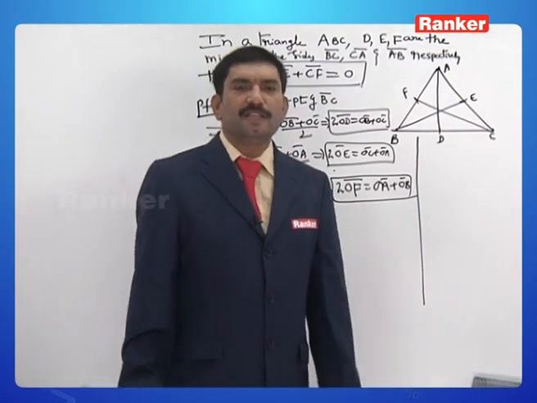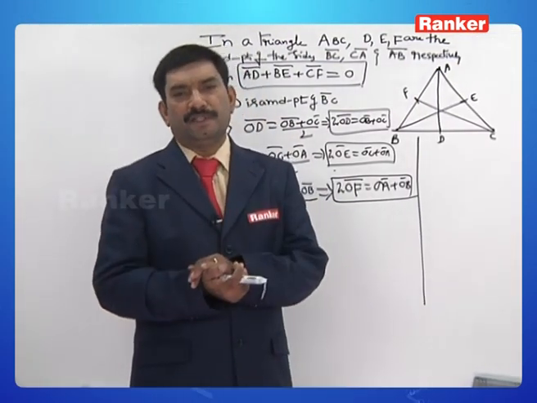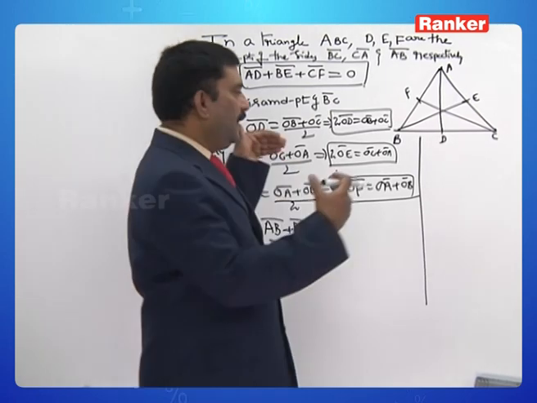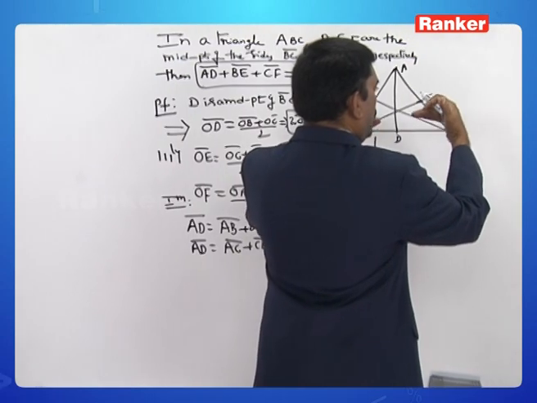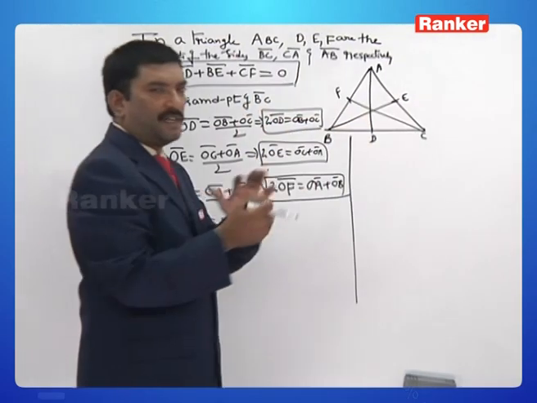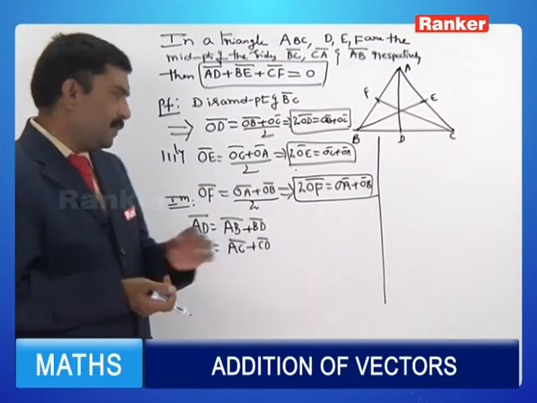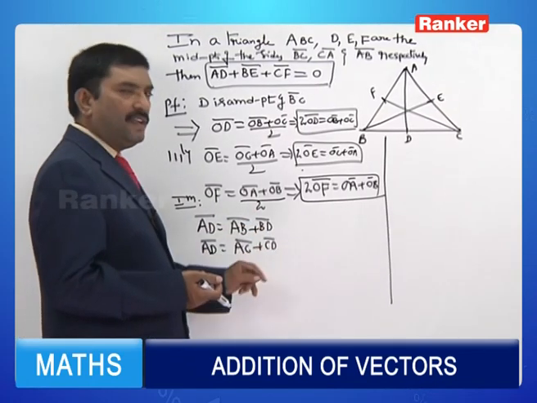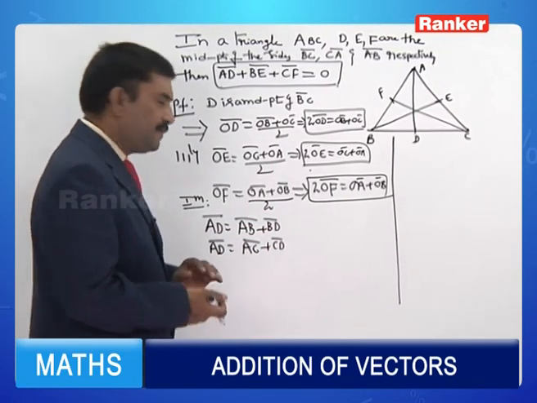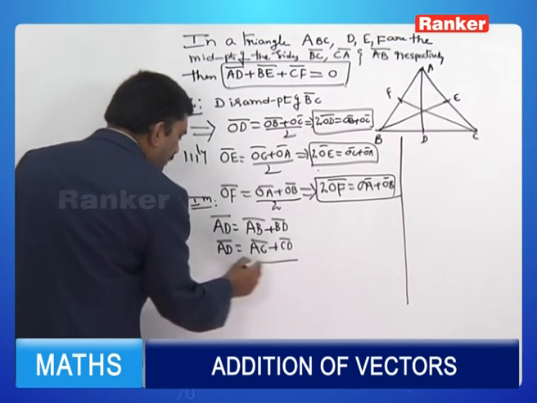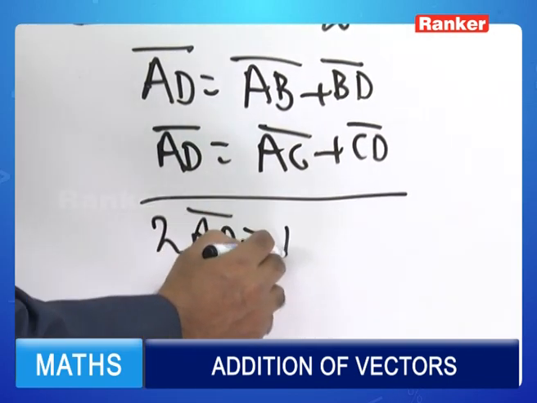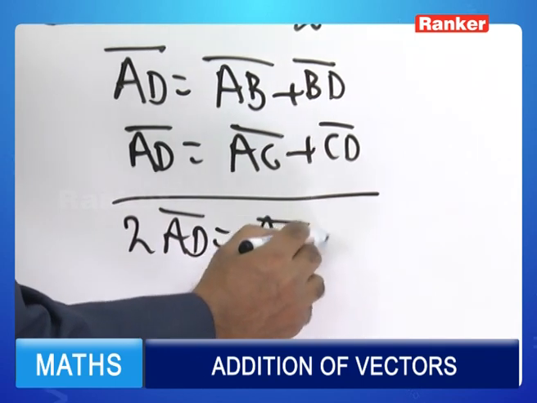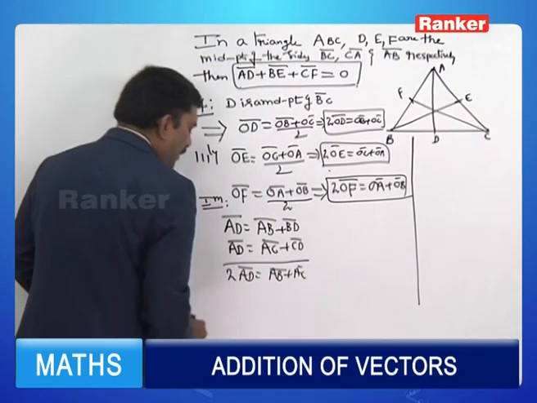Since D is the midpoint of BC, BD in this direction, CD in this direction, equal and opposite in direction, both BD and CD get cancelled. Add up. This gives 2 times AD bar is equal to AB bar plus AC bar.